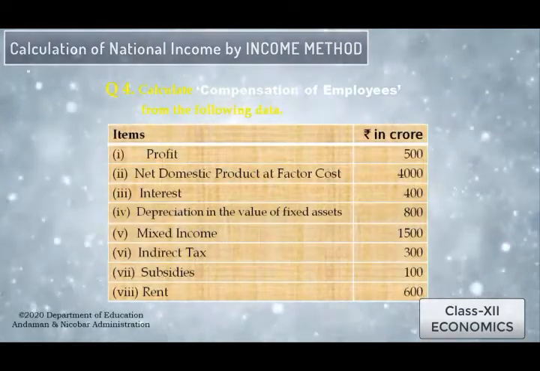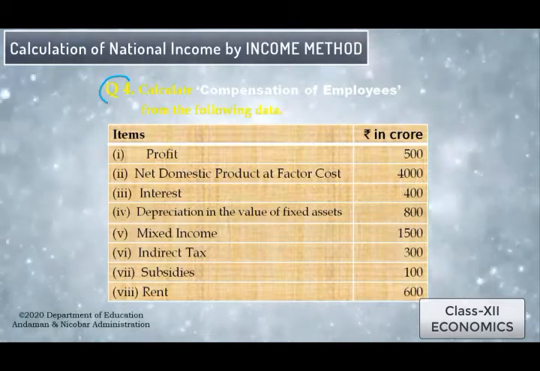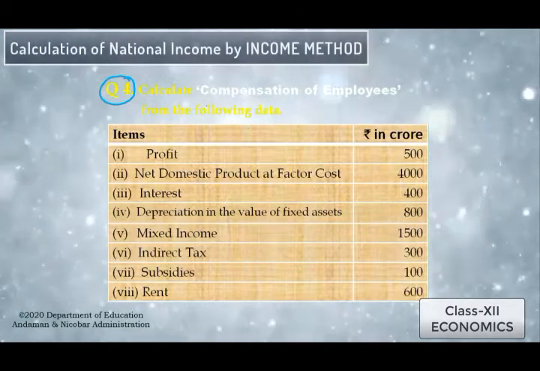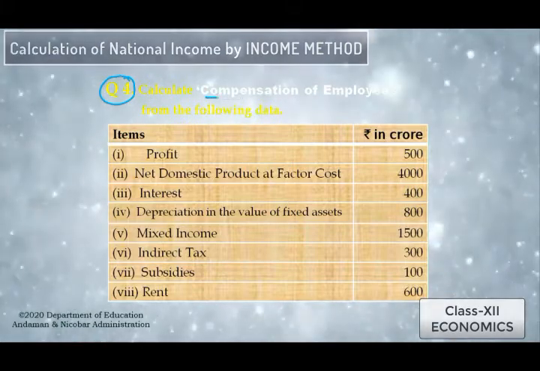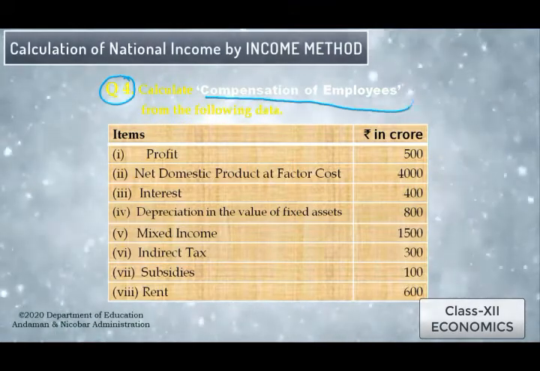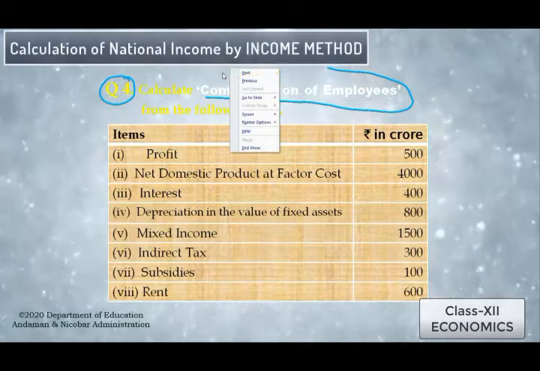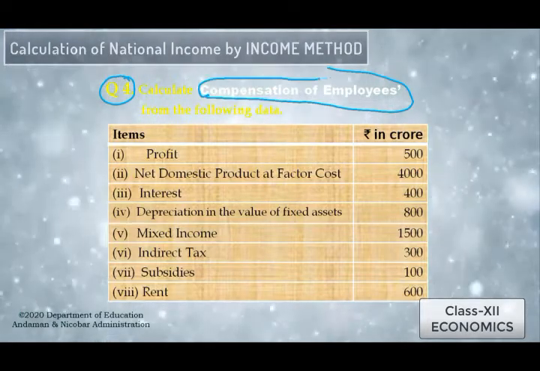Okay students, let's move to the fourth question. So here we have one more type of question where we need to find out the value of compensation of employees through the income method.